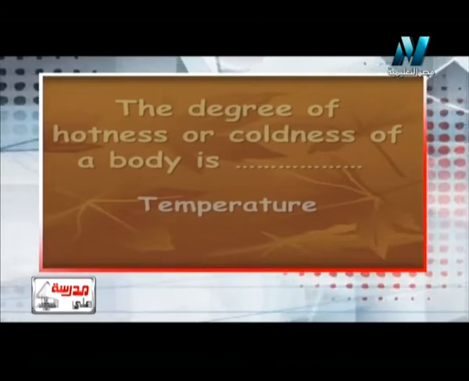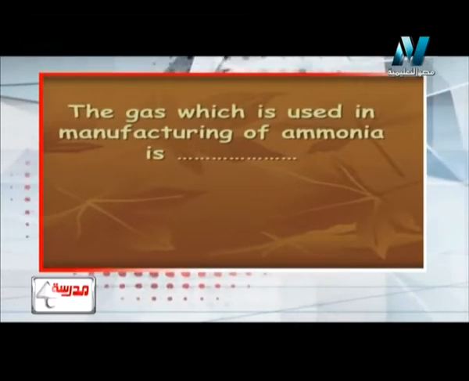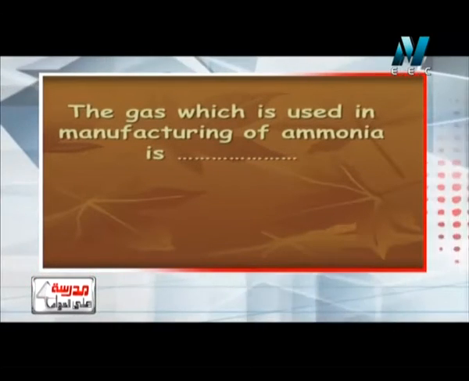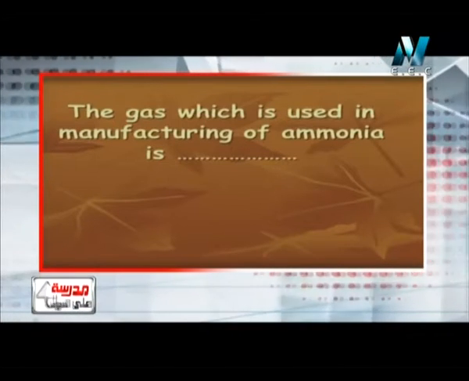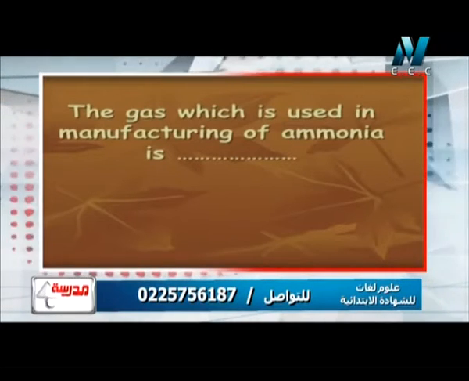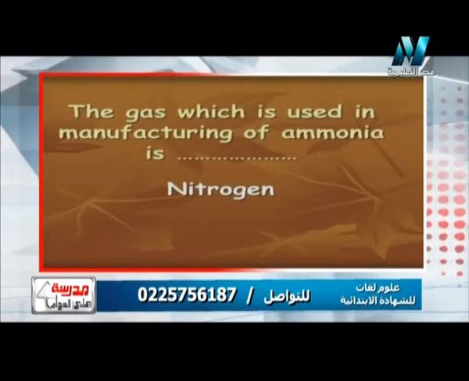Another question. The gas which is used in manufacturing of ammonia. From its name, ammonia has a symbol NH3, so it will be nitrogen gas, because the gas which is used in ammonia is nitrogen gas.